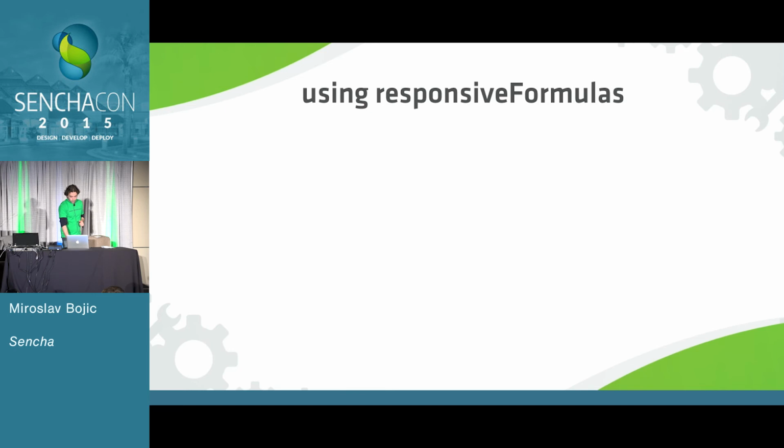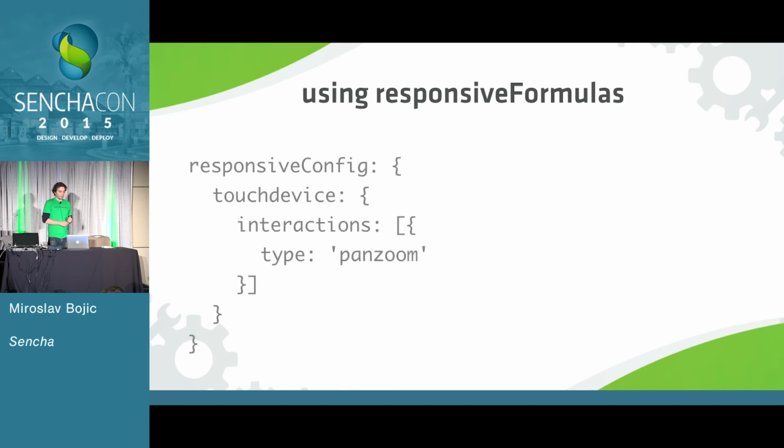So you would be using a responsive formula something like this. You would include it in the config, and then if you're detecting this is a touch device, we would add interaction, which is pan zoom. So basically, in this case, if you're panning something, you would also be zooming the viewport.